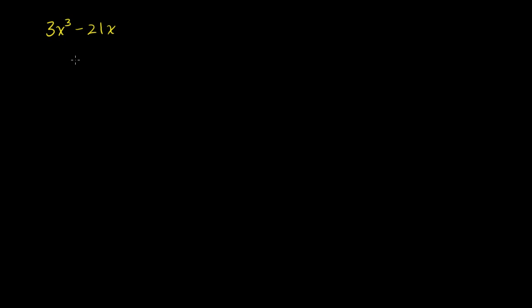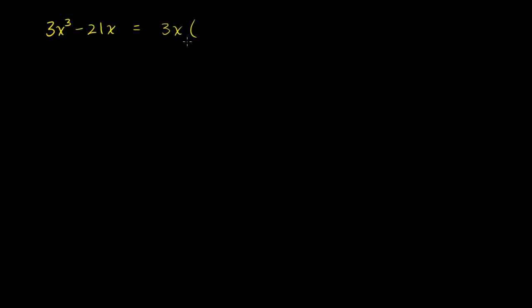It could be a monomial, which is just one term. And to do that, over here, we could factor out a 3x. So if you factor out a 3x, this is equal to 3x times... let me write it this way actually.